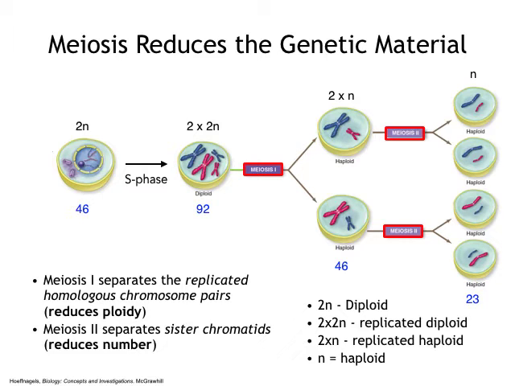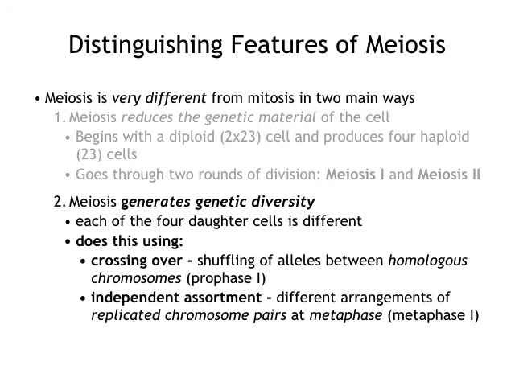The main thing I want you to get here is that meiosis reduces the genetic material in a cell by going through 2 rounds of division. Not only does meiosis reduce the number of chromosomes from 2 sets of 23 to 1 set of 23, but it also generates genetic diversity using crossing over and independent assortment.